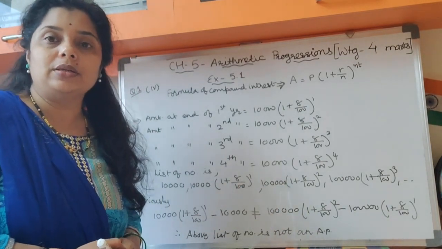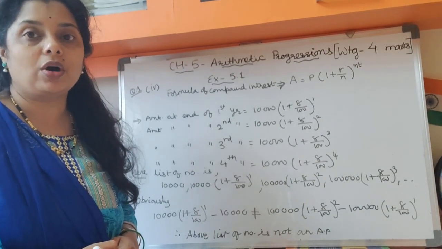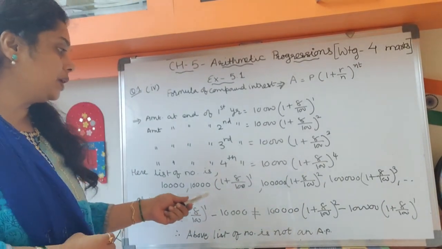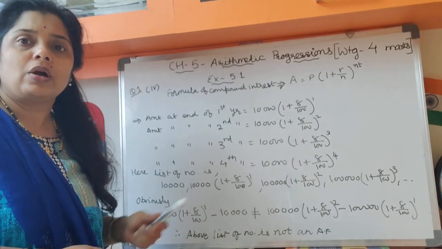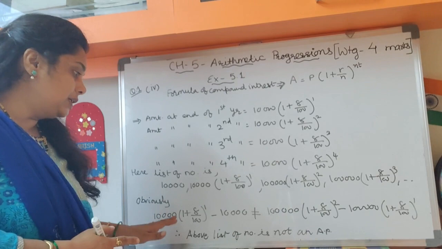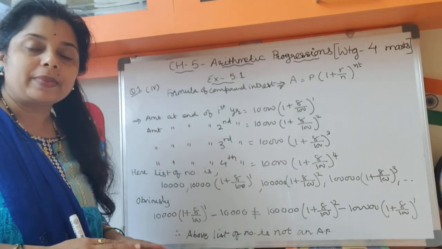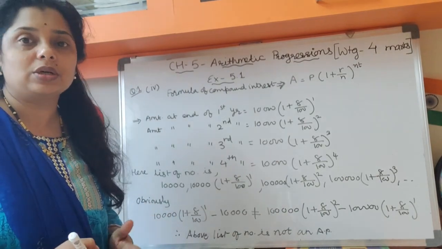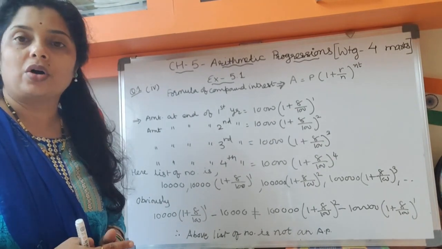Now we have to check whether this list of numbers is an AP or not. By seeing the list of numbers, you can easily get the idea that obviously it is not an AP, as the common difference between two consecutive terms is not the same.